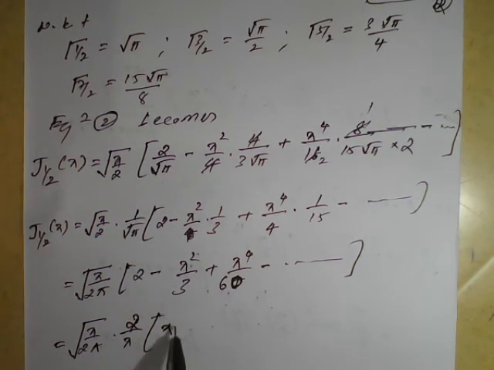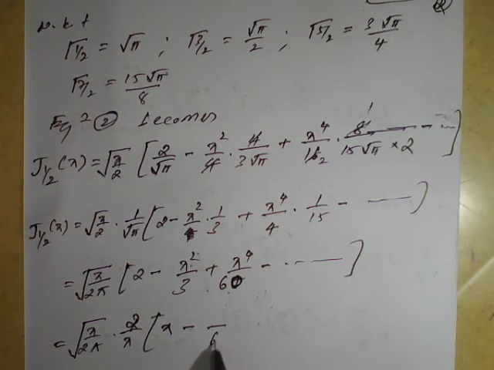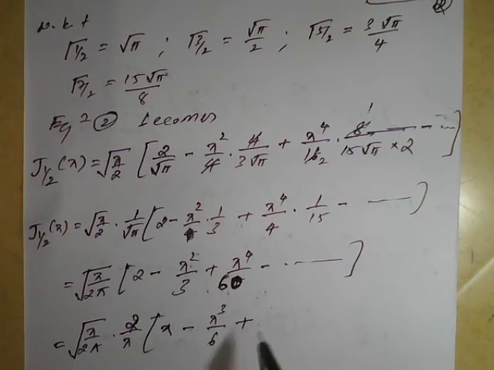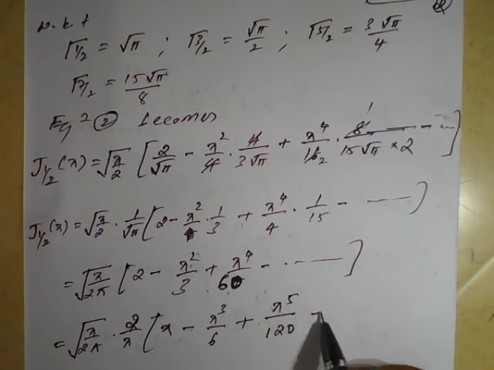If you multiply, x gets cancelled, we get 2 back here, minus sign. If I take 2 common, the denominator will become 6, and 1 upon x common means it will become x cube. Similarly plus, this is 60, if I take 2 common, the denominator will become 120, and if I take 1 by x common, the x raised to 4 will become x raised to 5, minus so on.